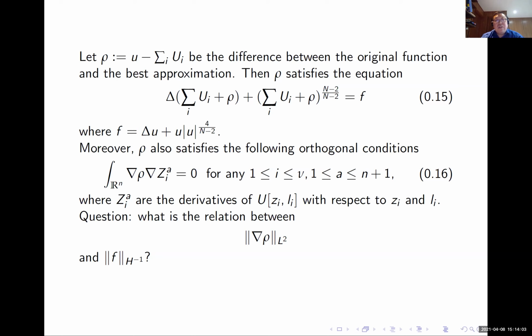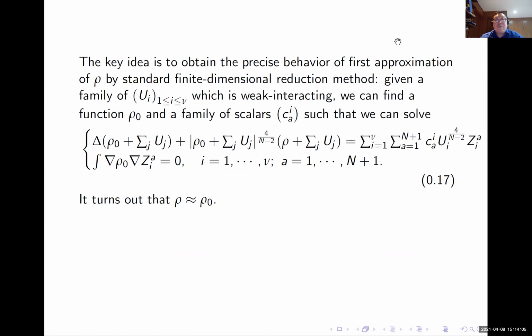Okay, so the key idea is to obtain the precise behavior of the first approximation by standard finite dimension reduction. You just take your Talenti bubble and do a finite dimension reduction.